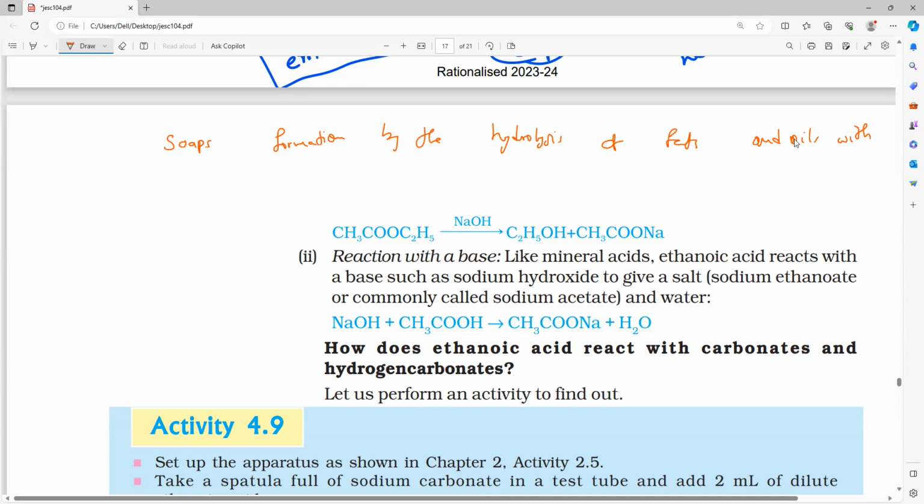That is very important. What do we call this reaction, everybody? The saponification reaction.